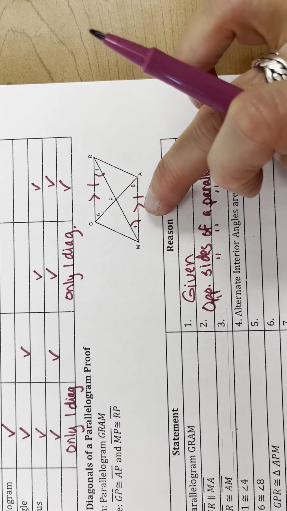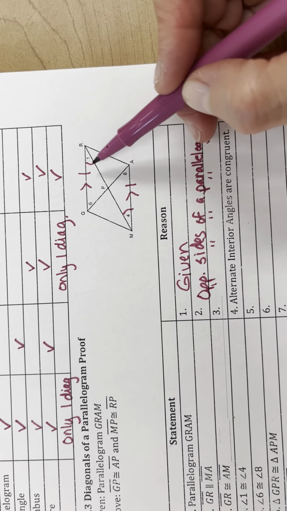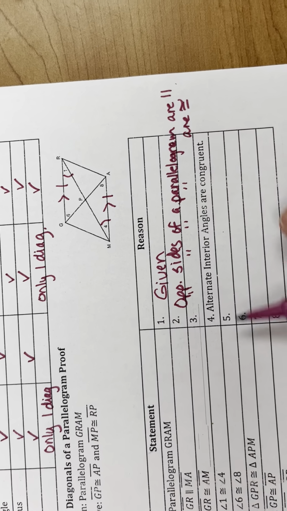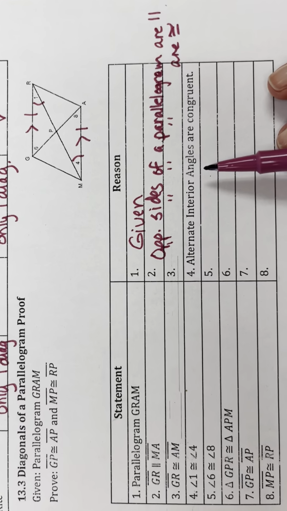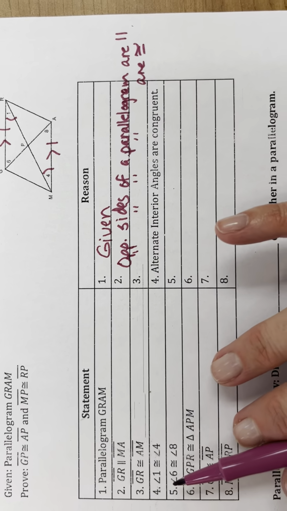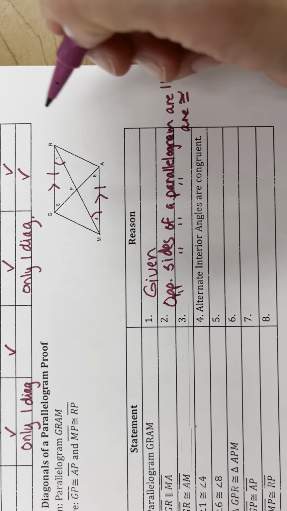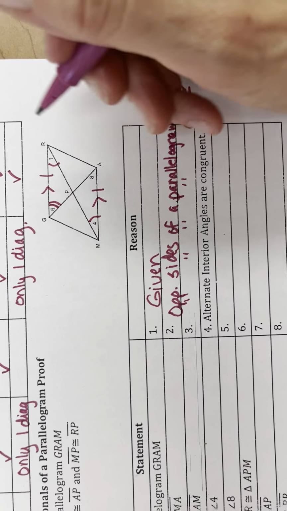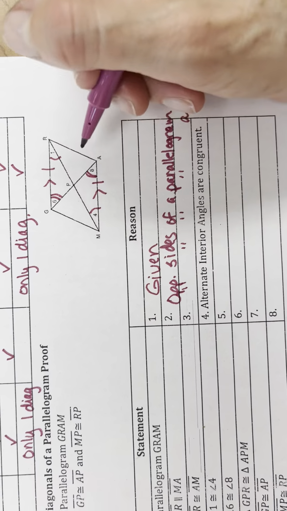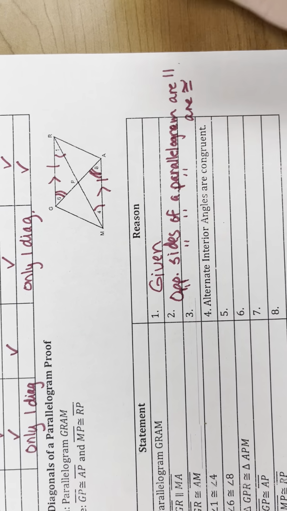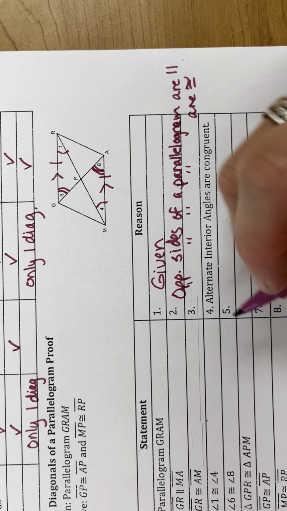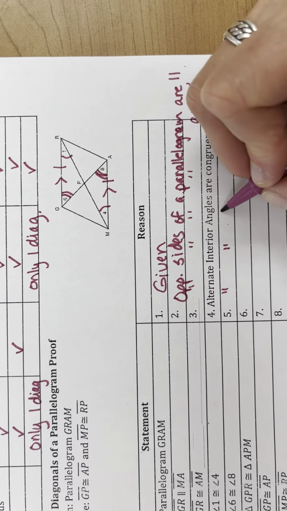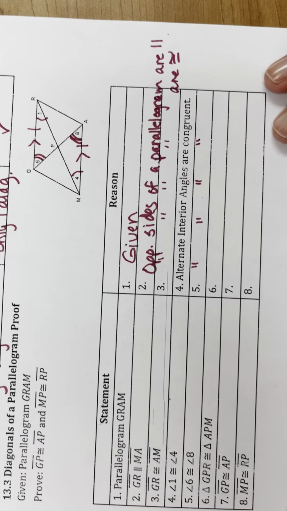Well, if the opposite sides are parallel, then I know I have alternate interior angles here. So that's why alternate interior angles are congruent. And then for 6 and 8, same thing. So here's 6. I'm going to use 2 tick marks there, and 8. You have to make the tick marks look different. All right, so same thing. Alternate interior angles are congruent.